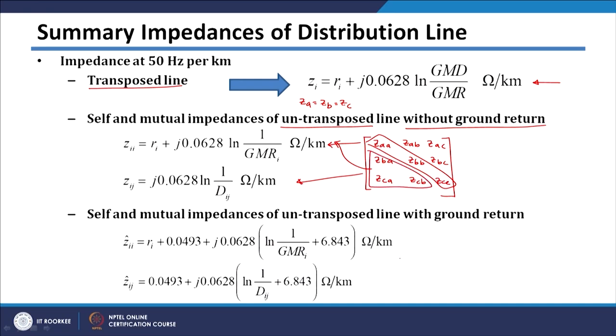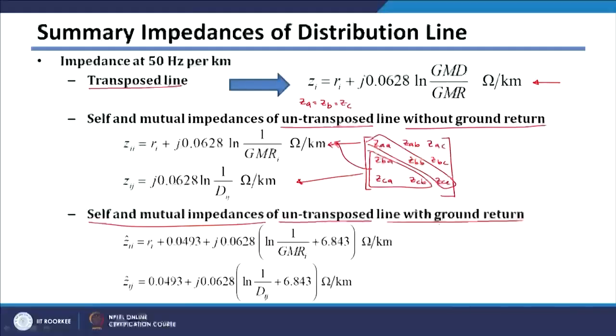Then, just now we have derived the expressions for self and mutual impedances if the line is untransposed and if ground return current is present. We have seen that the impedances will get altered because of these ground currents, basically because of mutual coupling between the ground currents and your phase conductors.